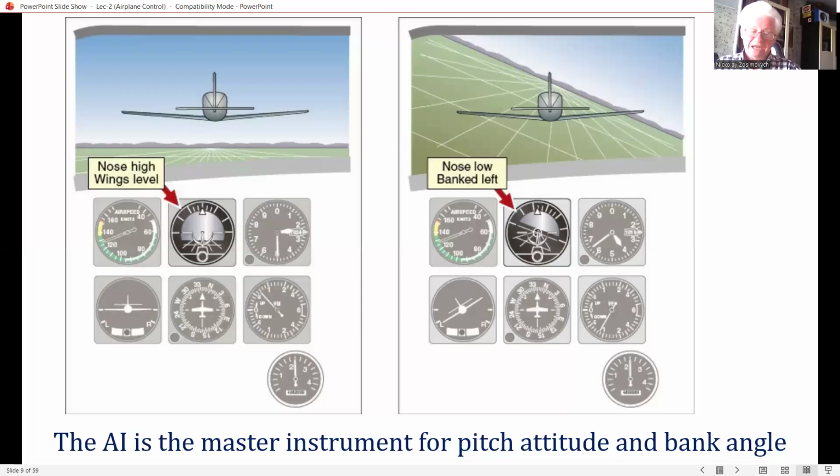In straight and level flight, for instance, the wings of the miniature airplane should appear against the horizon line, while in a climb, they should appear 1 or 2 bar widths above. In a turn, the wing bars of the miniature airplane will bank along with the real airplane, while the horizon line remains horizontal.